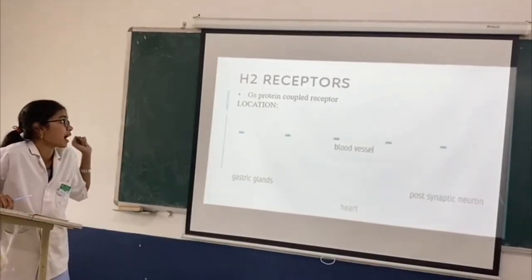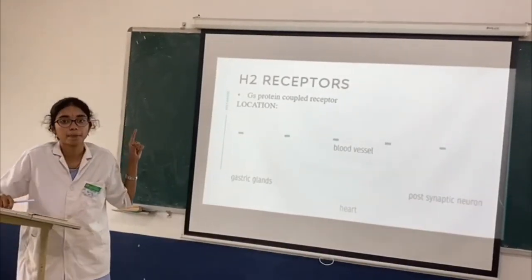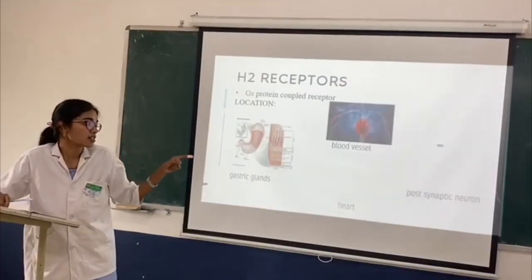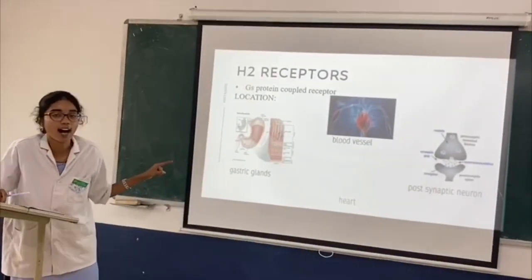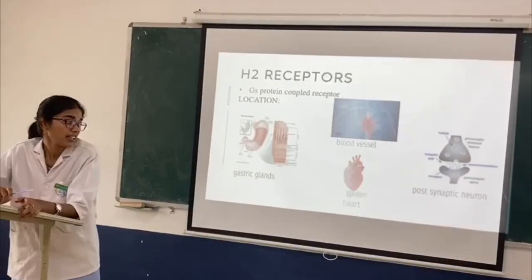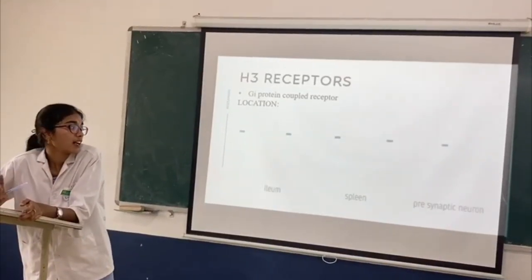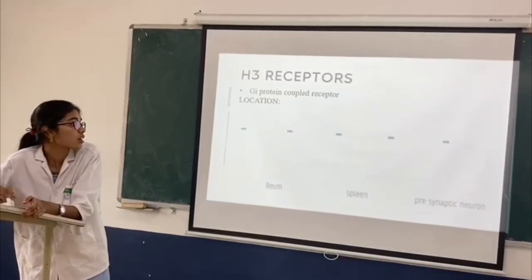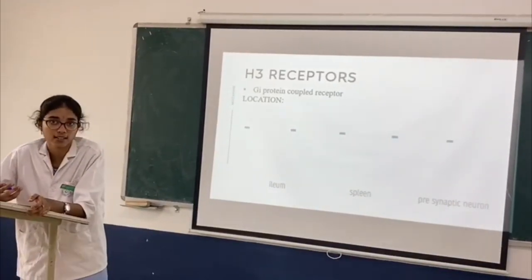Coming to the H2 receptor, it is a Gs protein coupled receptor which is mainly located on the gastric glands, blood vessels, postsynaptic neurons of the brain and the heart. Dimaprit and 4-methylhistamine are the two major agonists which activate the H2 receptors.